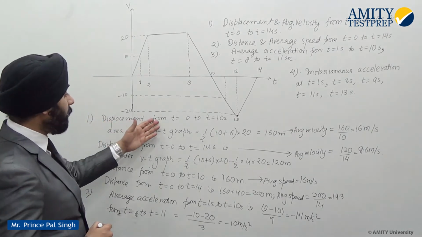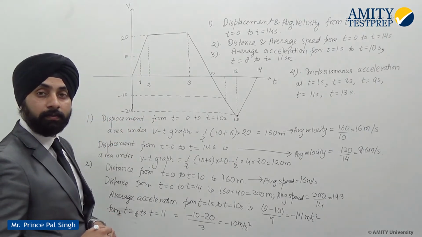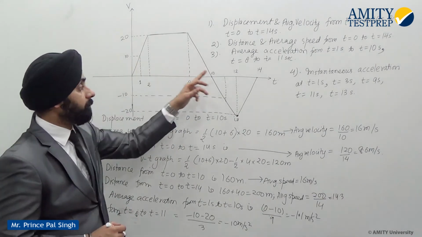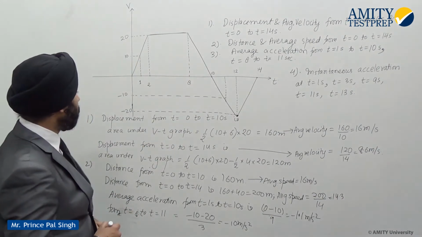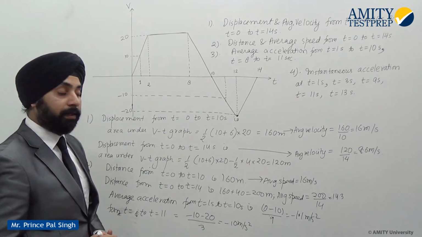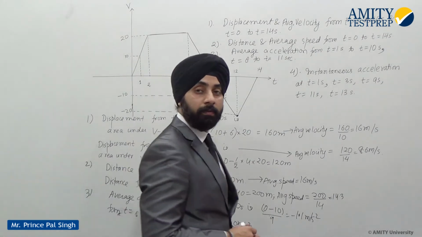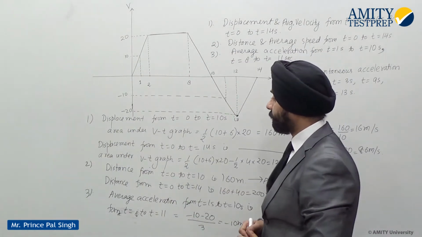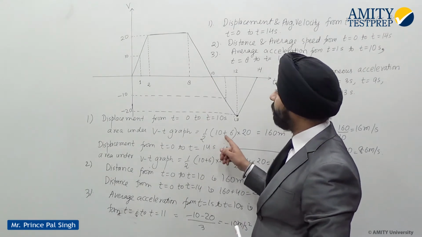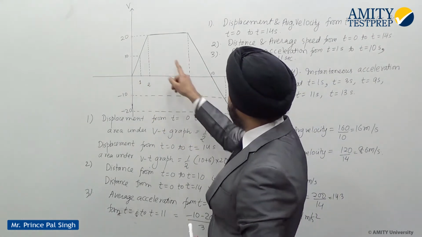The displacement of the particle from t equal to 0 to t equal to 10 seconds: you see that it is a trapezium. The area of this trapezium gives us the displacement of the particle from t equal to 0 to t equal to 10 seconds. So the area is half the sum of parallel sides. This and this side are parallel.